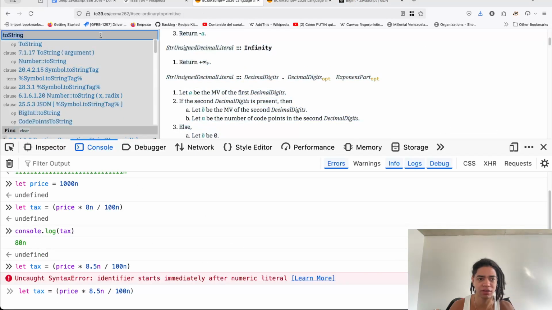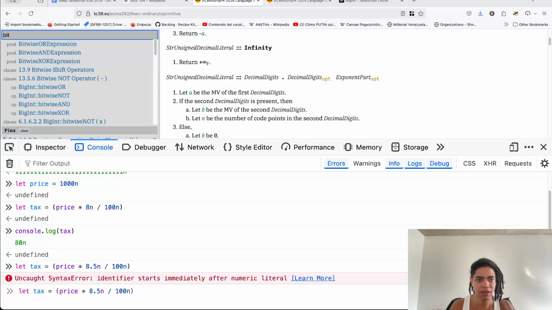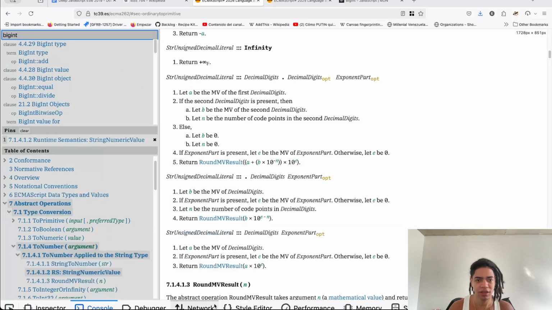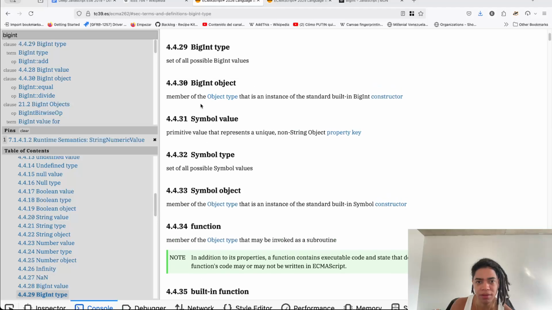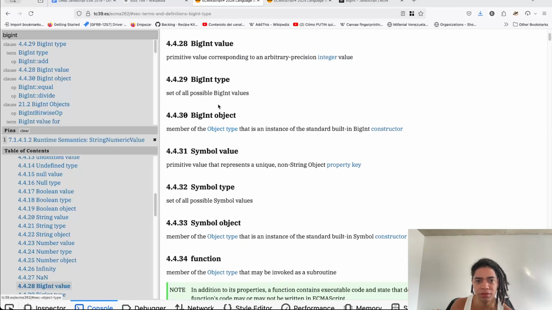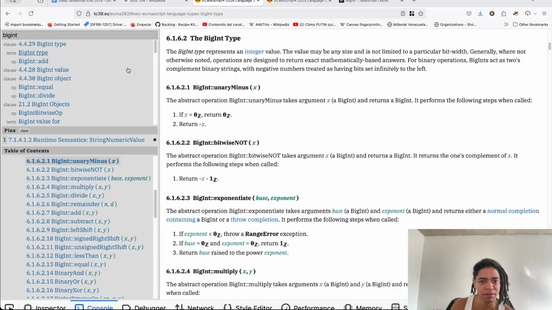Let me actually take a look at this BigInt. Gonna take a look at this spec. BigInt. See all possible BigInt values. BigInt object. The BigInt type represents an integer value. The value may be any size and it is not limited to a particular bit width.